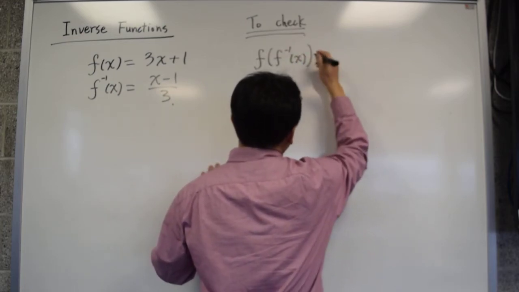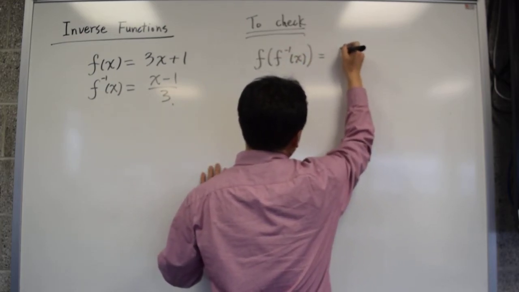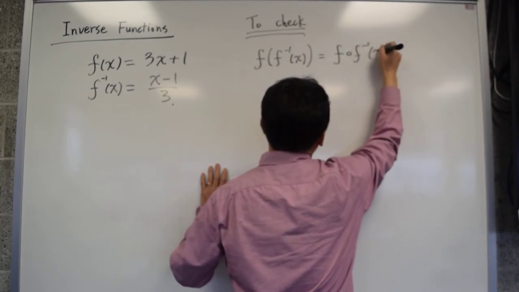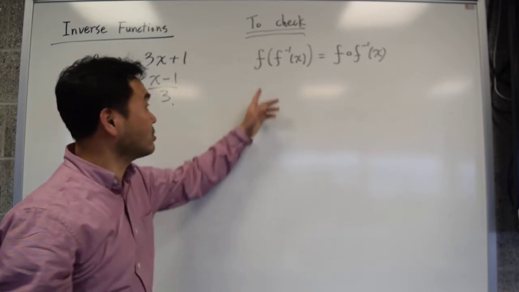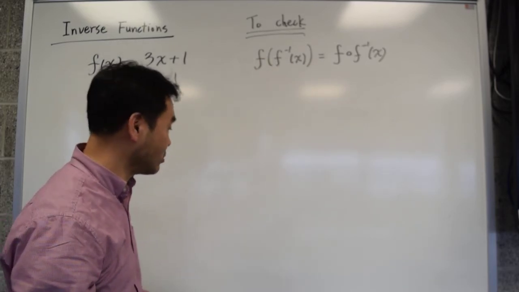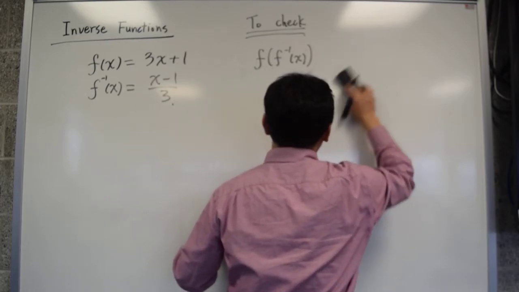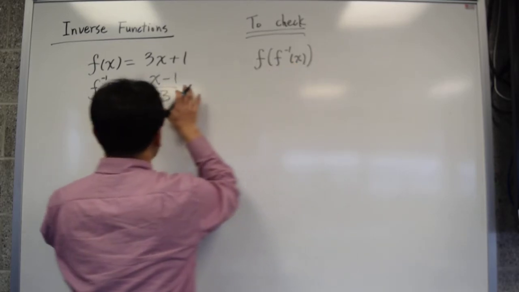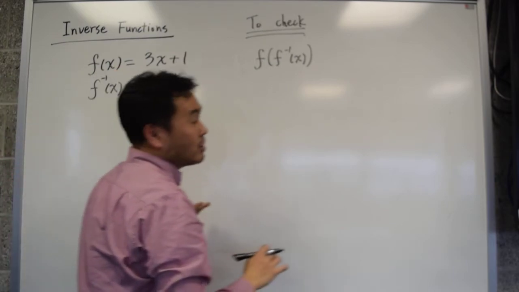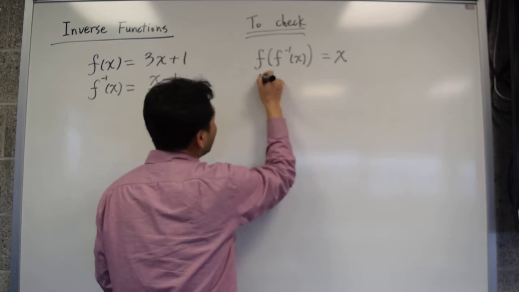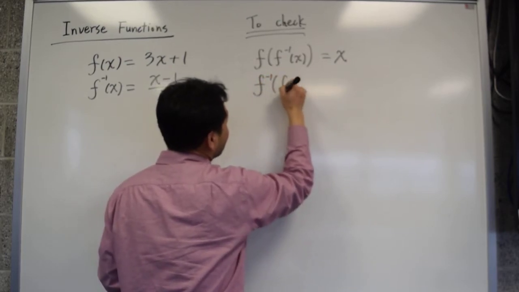In mathematical operations, this is called the composition of functions. But that's not my point. If you plug one into the other, then you should get your x back. And that's true if you do it the opposite way.